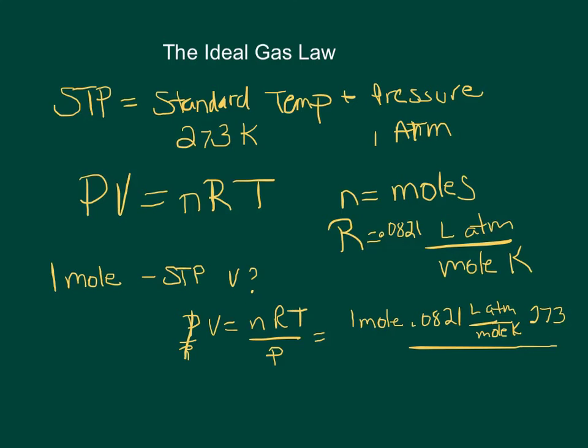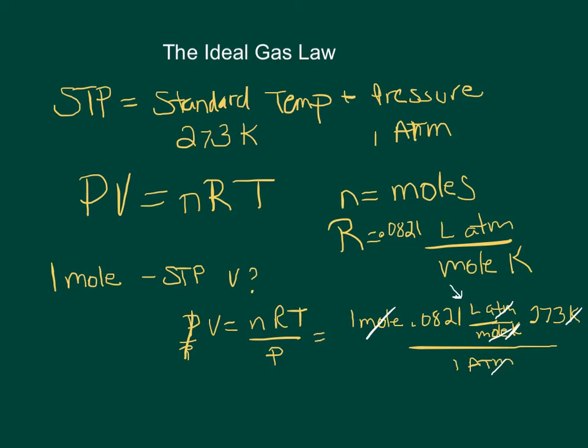And pressure is standard pressure, so 1 atmosphere. Now, if you look at the units, the reason why R has to have these units is because they will all mark out and leave just the unit I want, this liter here.